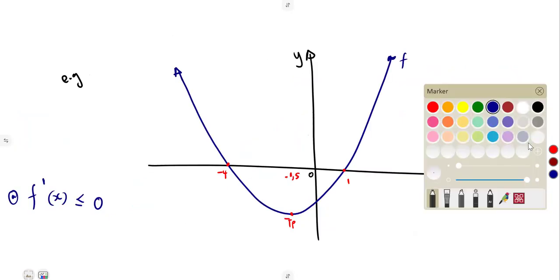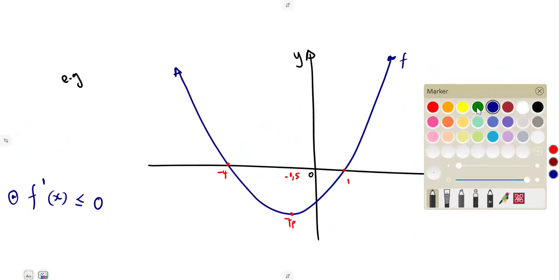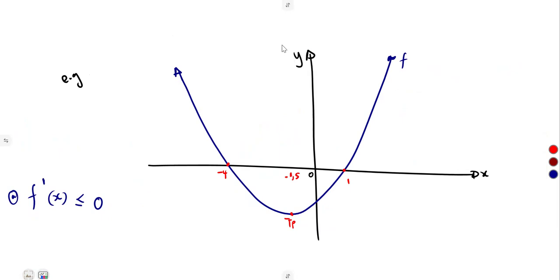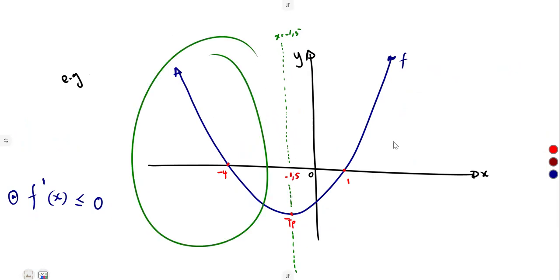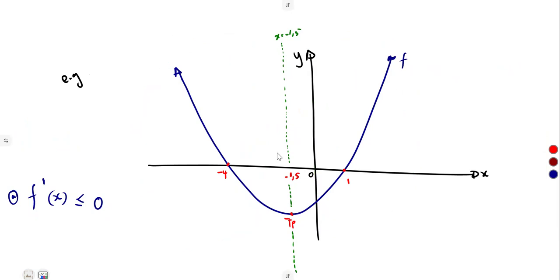So you are going to have your vertical line at the turning point, at x equal to -1,5. This is our critical value. There is this side of the graph and also that side of the graph from -1,5.